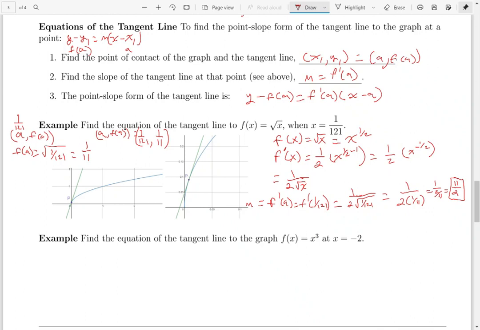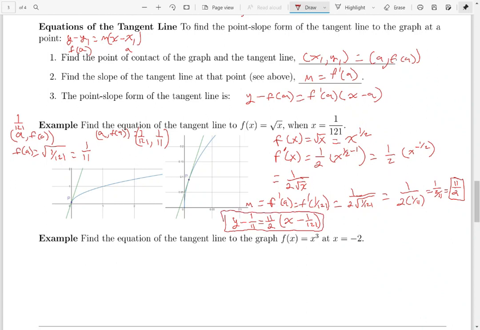Then I can write the equation of the line, which is going to be y minus 1/11 is equal to the slope, 11 halves, times x minus 1 over 121. And then if I wanted to simplify it, I could, but for all intents and purposes, this is the equation of the line. It just depends on how we need to answer our question.